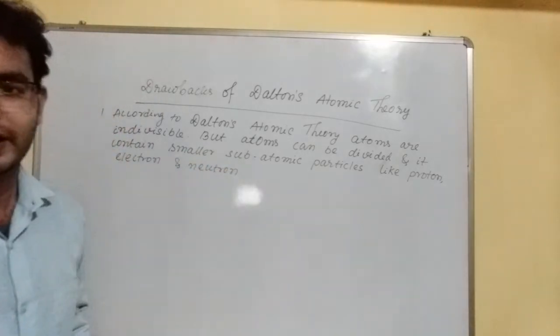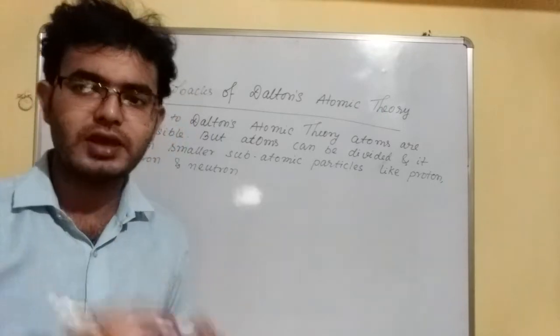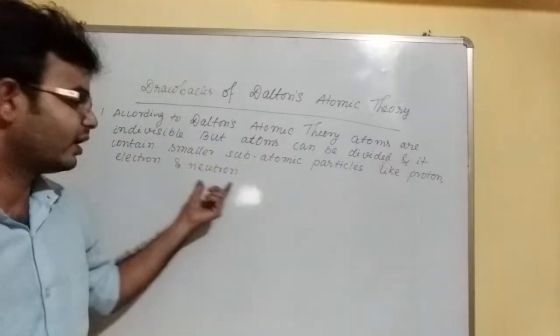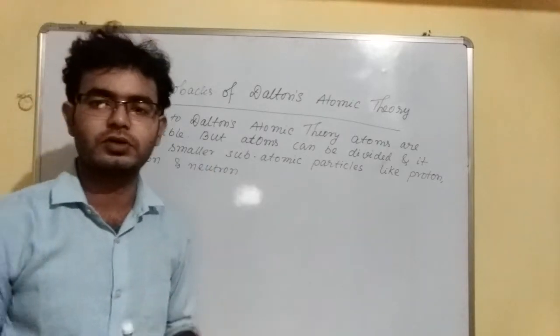So atoms contain 3 different main subatomic particles within them, that is proton, electron and neutron.